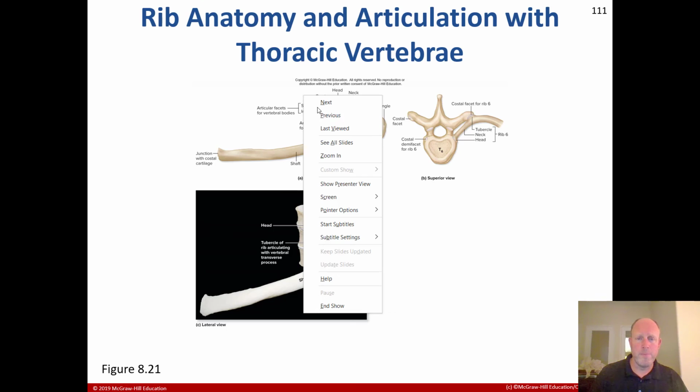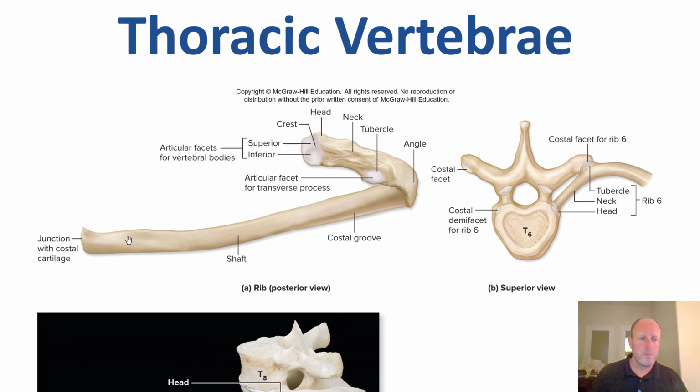So here we can see our junction with the costal cartilage, this rib here, this being the shaft, costal groove in here, the angle, tubercle, neck, head, crest, superior and inferior articular facets for the vertebral bodies, for the spine to be attached there, right?